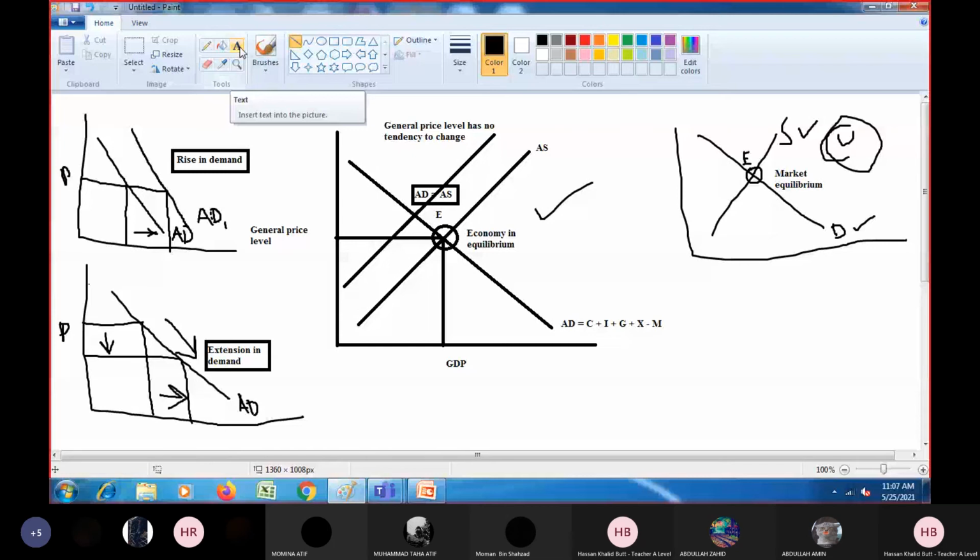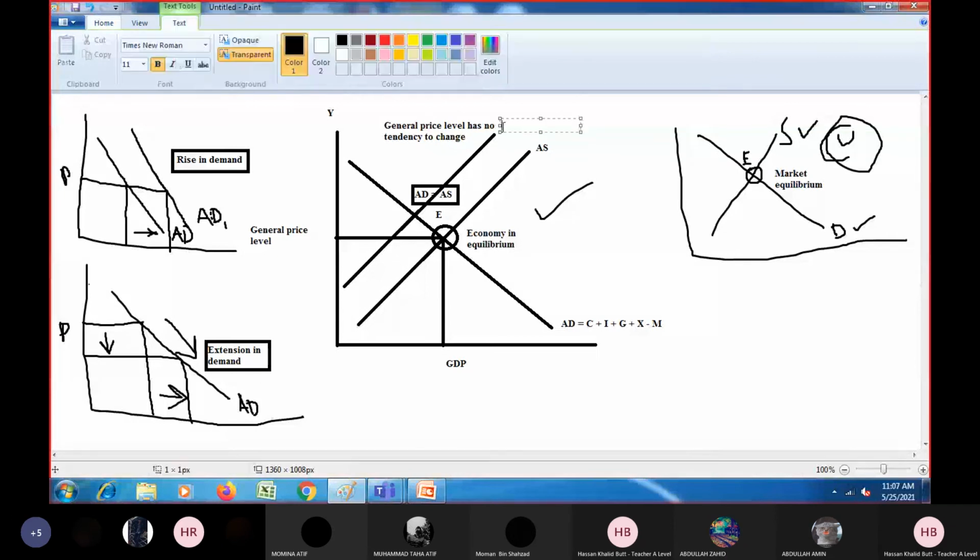Let's say now the land is not fertile anymore, so it means that the farmers cannot use that land to produce. It means that aggregate supply is bound to go down. Whenever aggregate supply decreases, we call it a shift in aggregate supply, or decrease in aggregate supply.